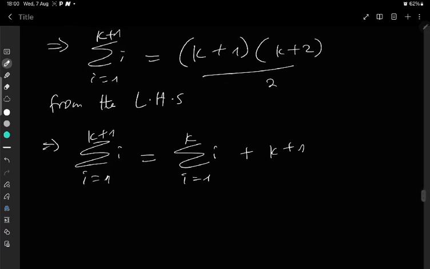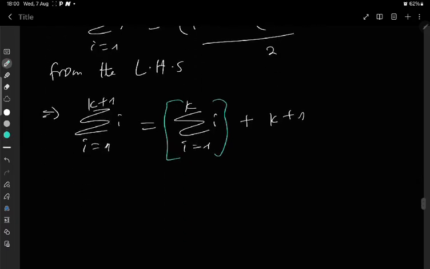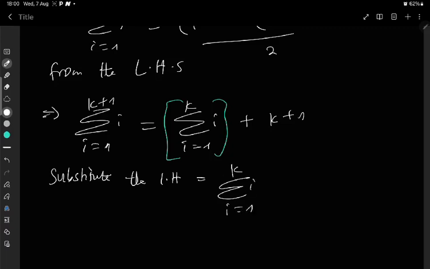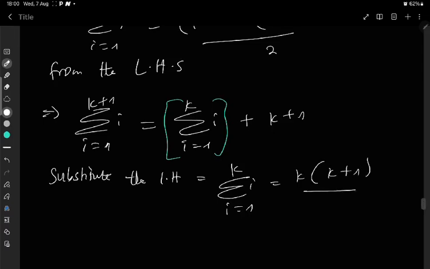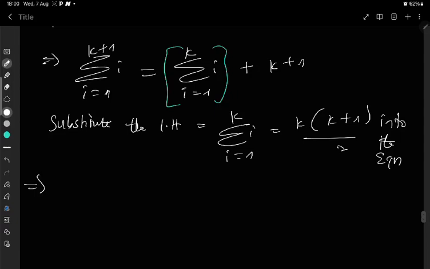So what we now have to do is to substitute the induction hypothesis, which is the sum of i beginning from 1 to k, given as k(k plus 1) over 2. We have to substitute it into the equation.